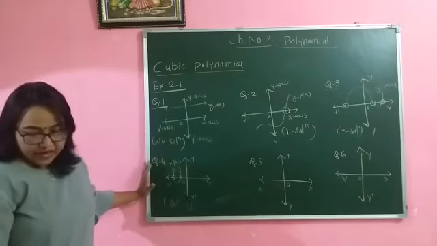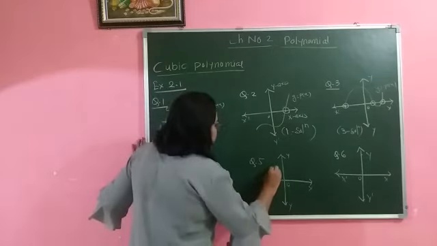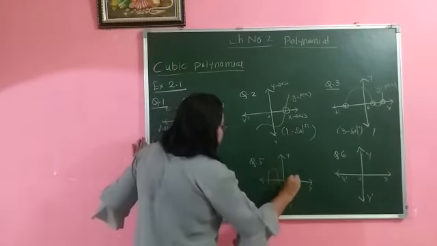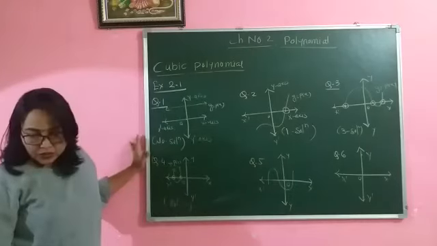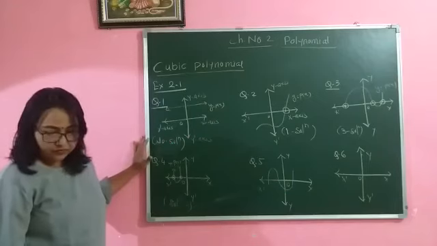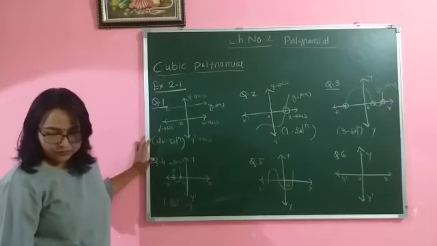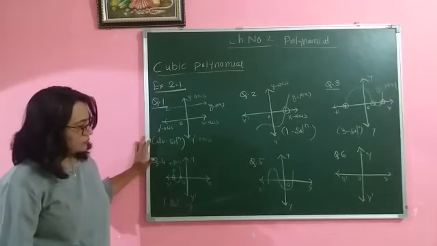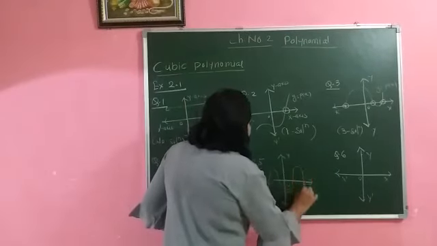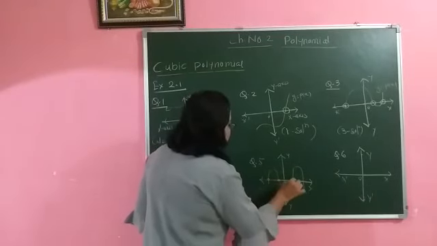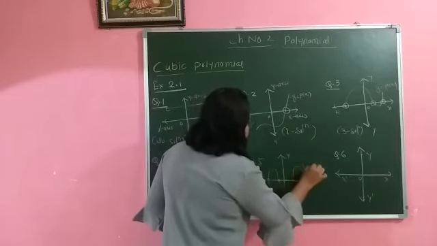In the next graph, suppose I take this one. We can extend this. So 1, 2, 3, 4. This is y is equal to p of x.